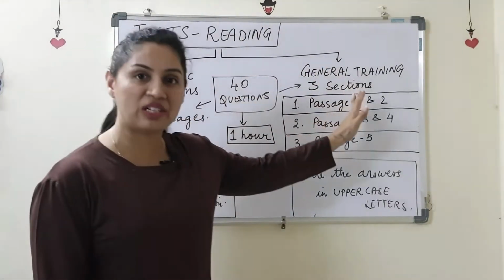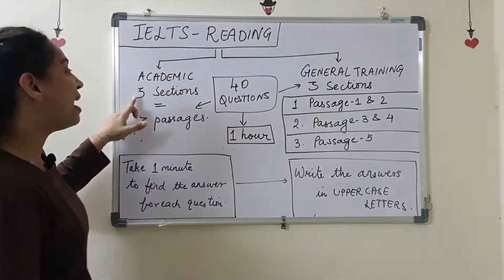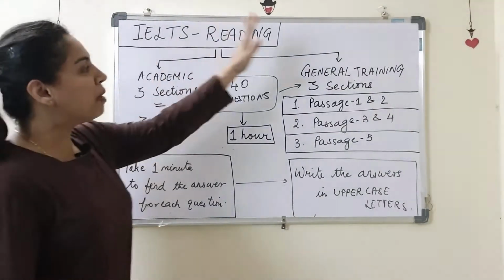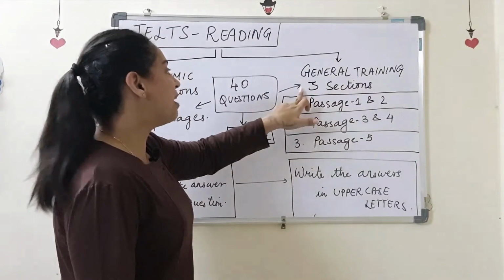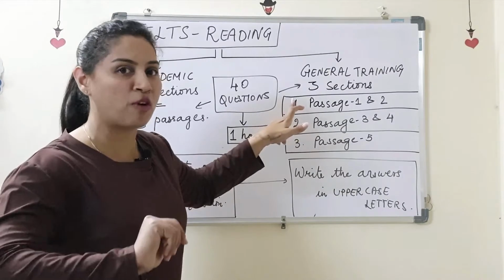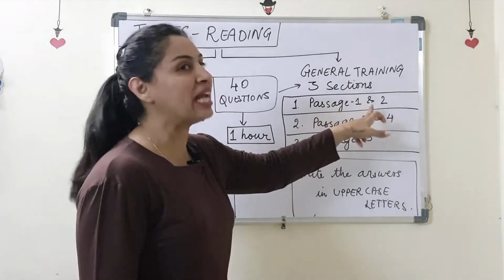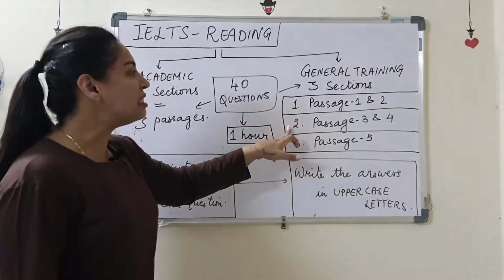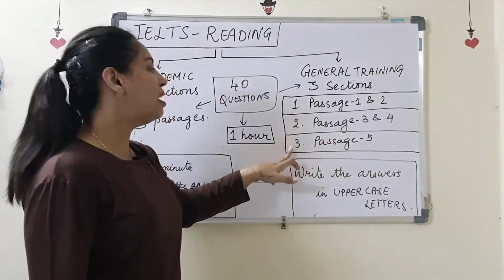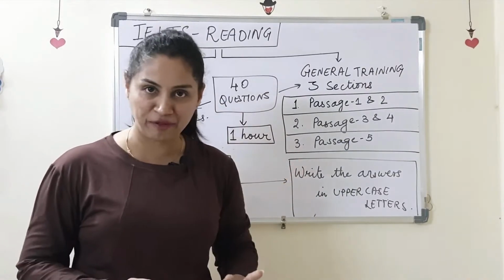When we come to General Training, this is a bit tricky. Academic has 3 sections and 3 passages, but General Training has 3 sections where each section contains a different number of passages. The first section contains passages 1 and 2, the second section contains passages 3 and 4, and the last section has only 1 passage, passage 5.